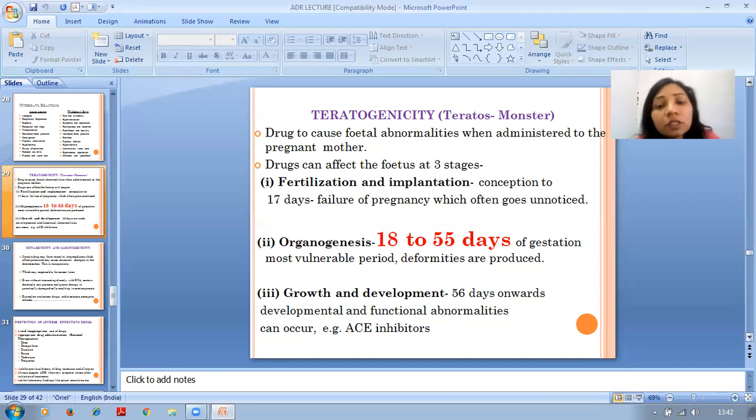Like use of ACE inhibitors can result in hypoplasia of the organ, or if the person takes anti-thyroid drugs, goiter can develop in the fetus.